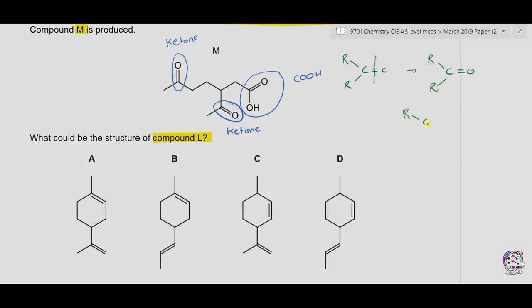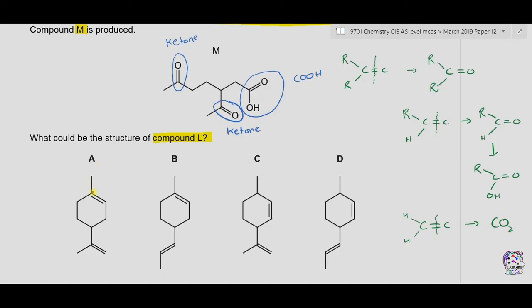If one of the groups is alkyl and the other is hydrogen on the double bonded carbon atom, then this will convert into an aldehyde, and it is further oxidized to a carboxylic acid. If the double bonded carbon atom has 2 hydrogen atoms, then it is converted into CO2.